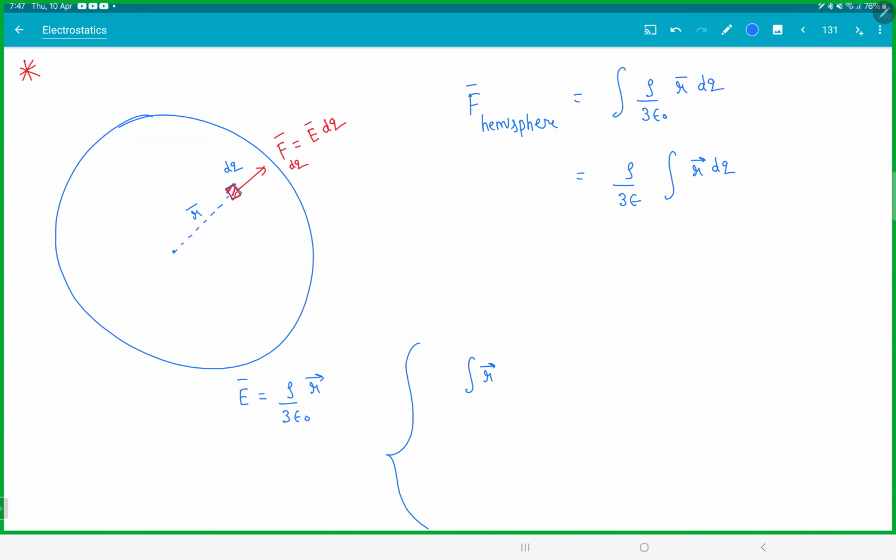If you take integral r bar dm by integral dm, this thing gives you what? R center of mass. Is that making sense? So now tell me one thing, mathematically, is there any difference between M and Q? The system doesn't know. So if I try to do something similar, integral r bar dq by integral dq, this will be r bar, this will be the center of charge, isn't it?